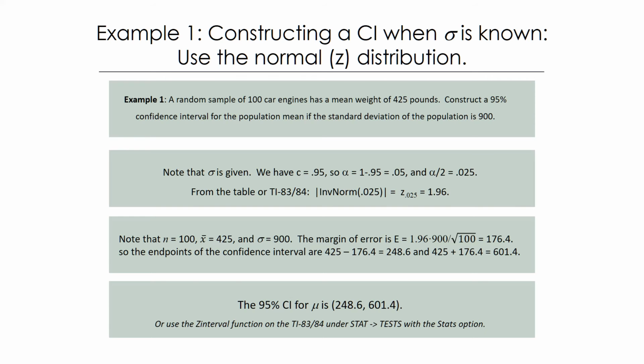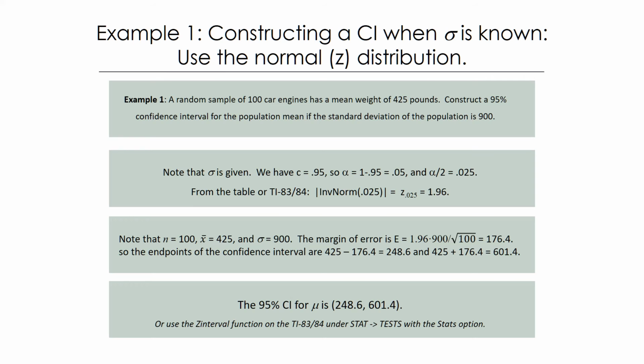So that says that basically we want to go 1.96 standard deviations, almost 2 standard deviations, to the right and left of the mean to capture this interval. Then we note that n, the sample size, is 100 car engines, and x bar, the sample mean, is 425 pounds. And again, sigma, the population standard deviation, is given to be 900.